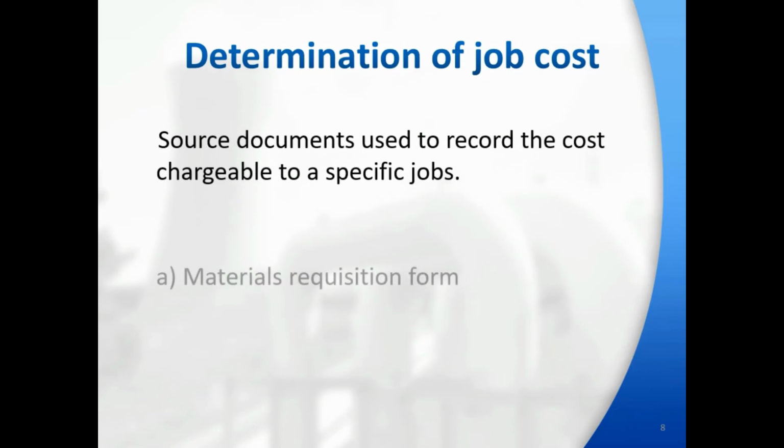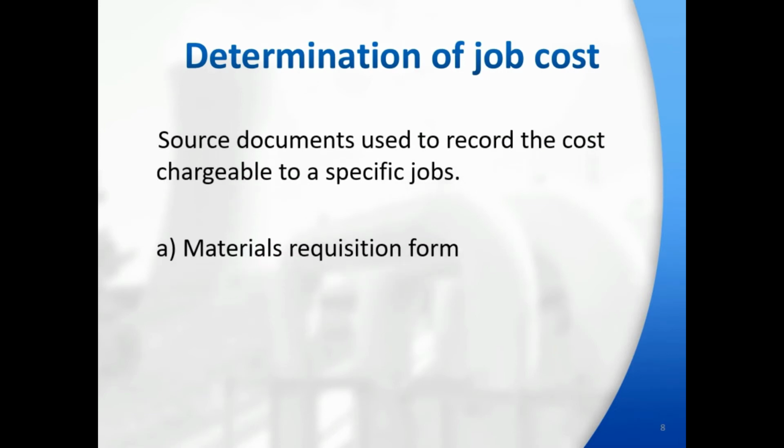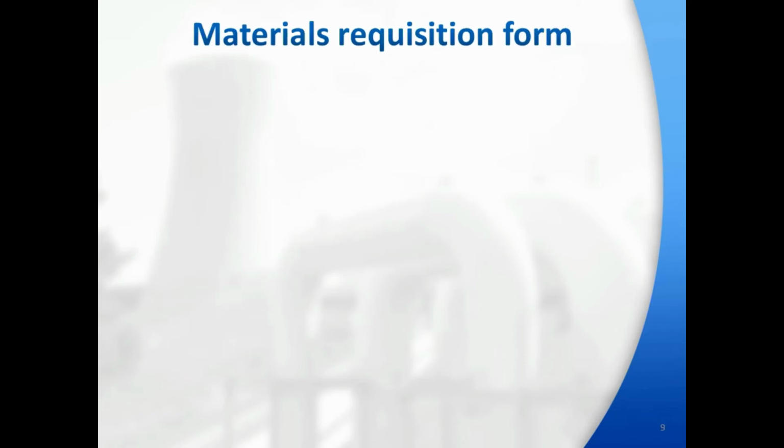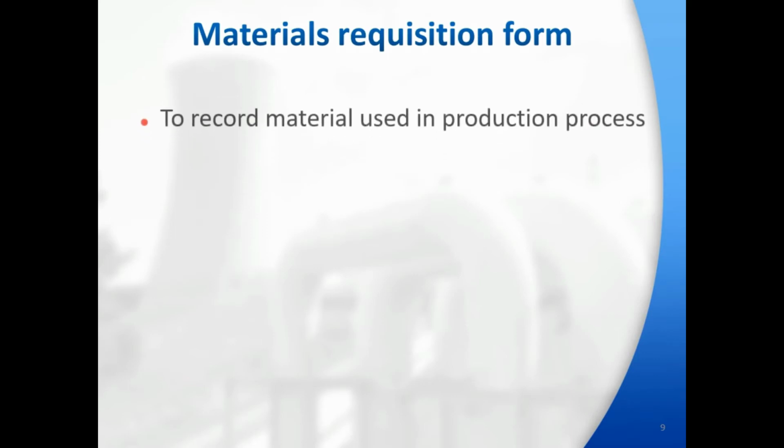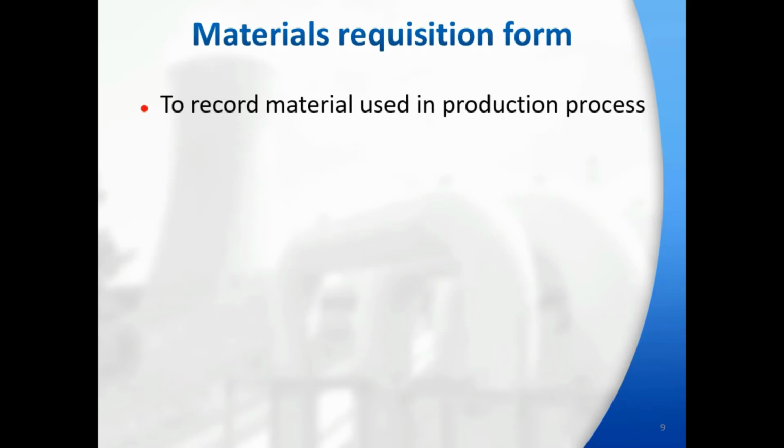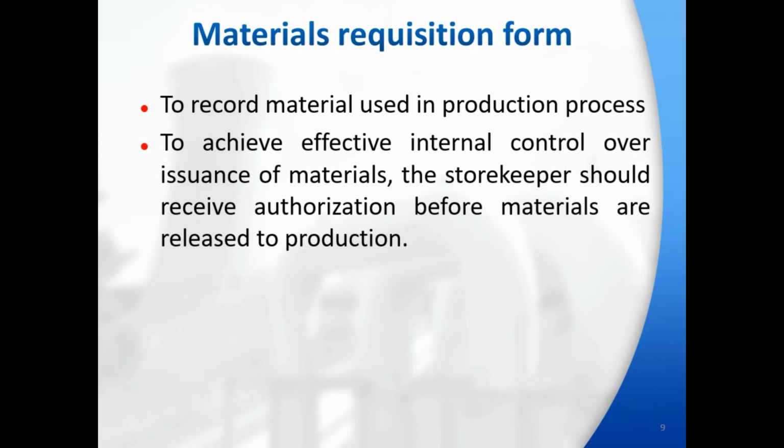Source documents used to record the cost chargeable to a specific job are the material requisition form and time ticket. The material requisition form records material used in the production process, which gives effective internal control over issuance of material. The storekeeper should receive authorization before materials are released to production.